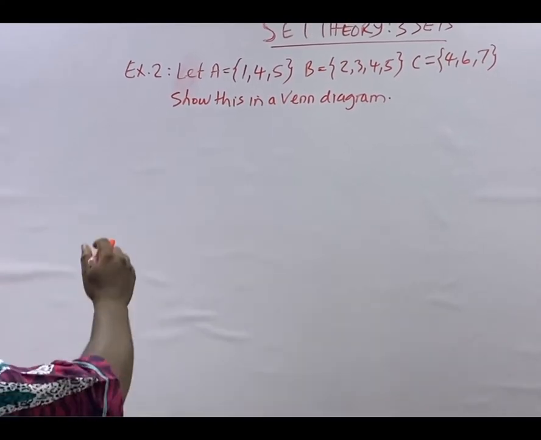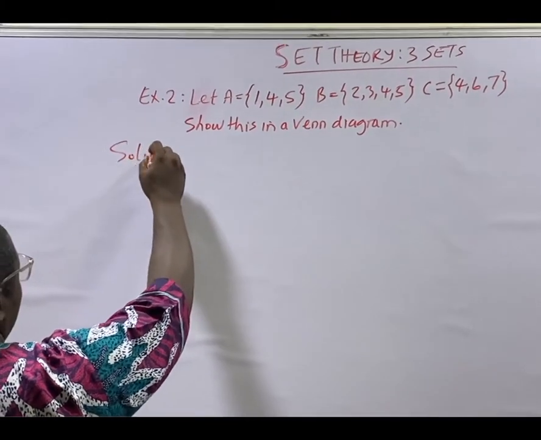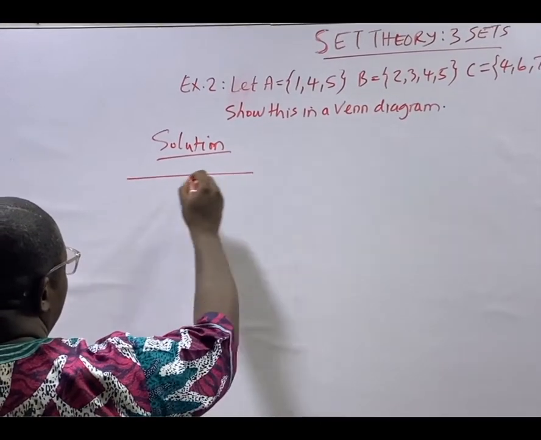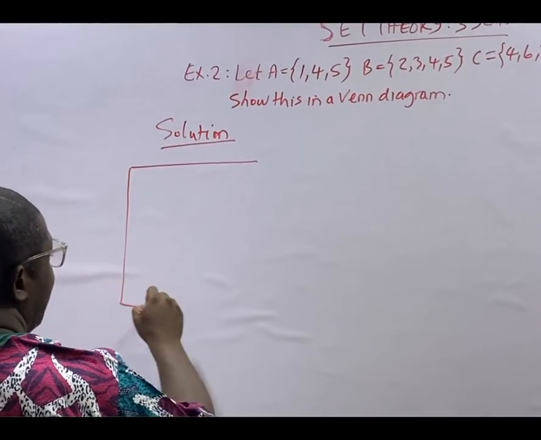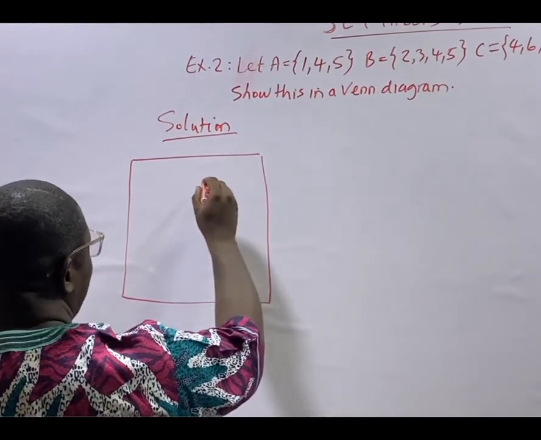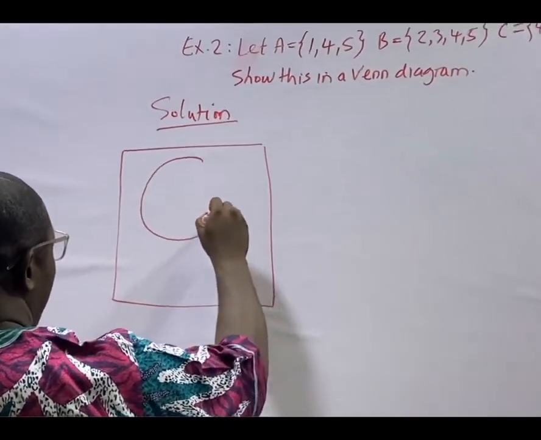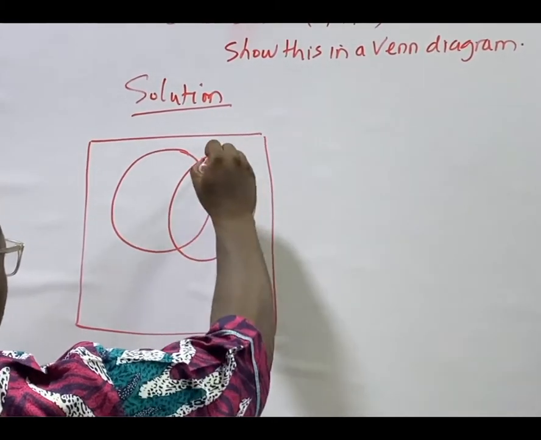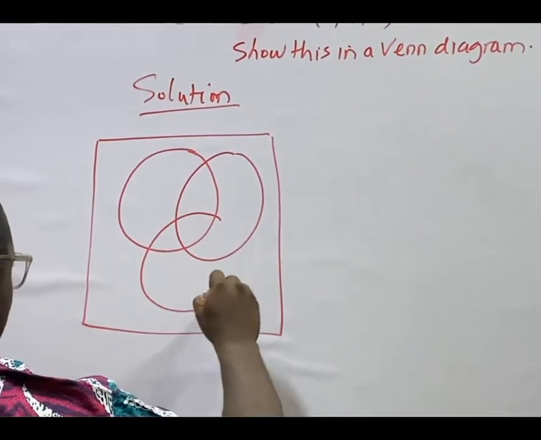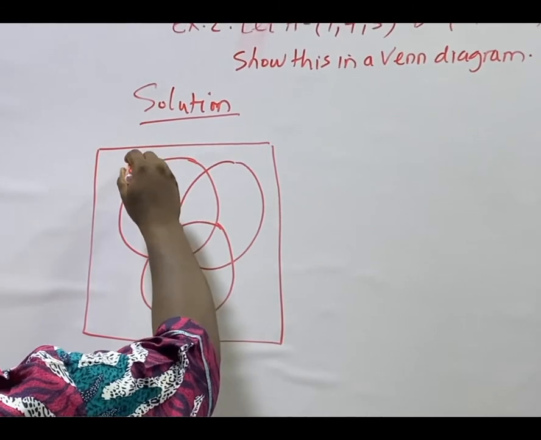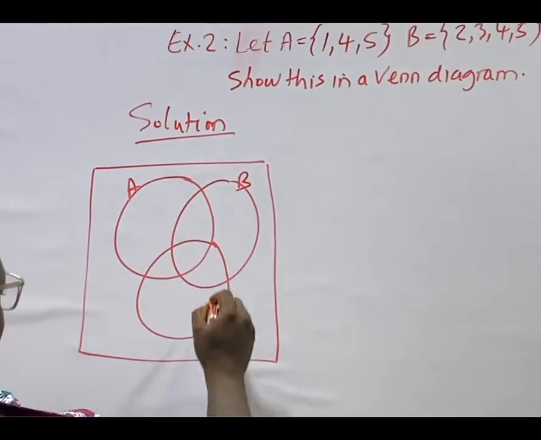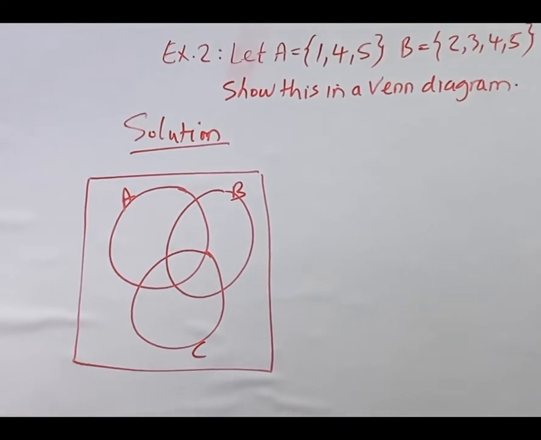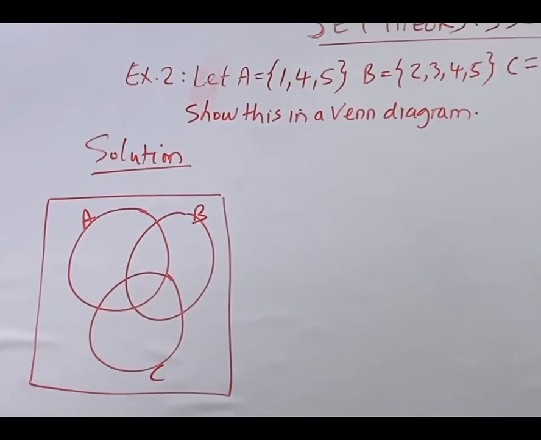So I'm going to draw a Venn diagram here to guide what I'm going to be doing. We have set A, set B, and set C. Let's label them set A, set B, and set C.